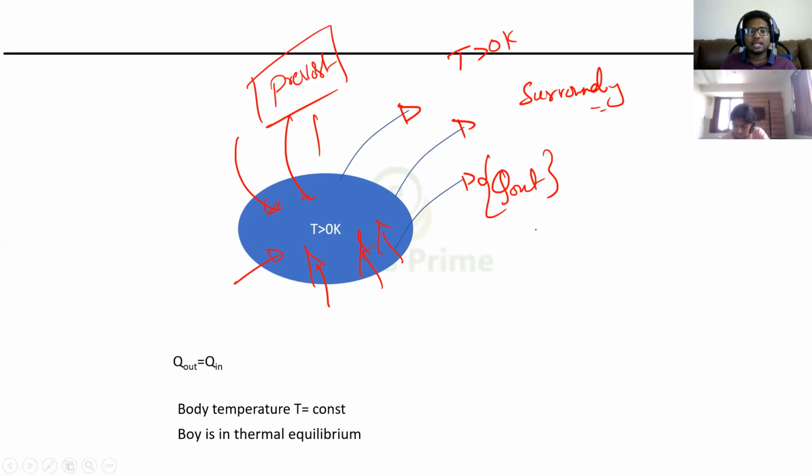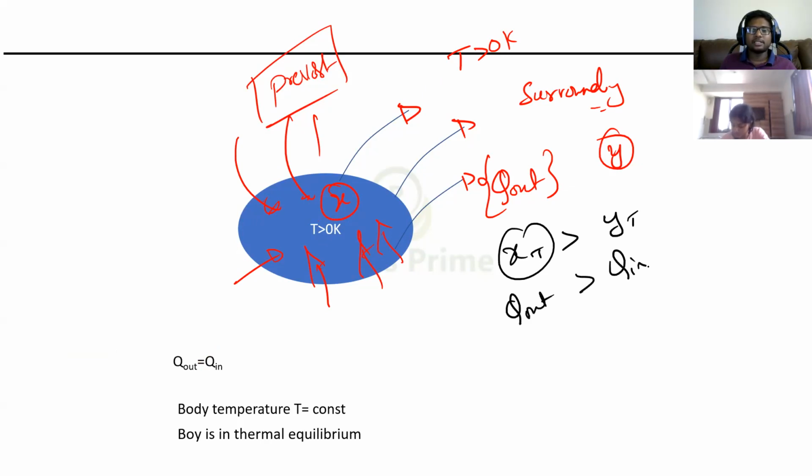So that means, suppose this is body X and Y is the surroundings. If X temperature is higher than Y temperature, that means Q out will be greater than Q in. Got it? Because the surrounding temperature is lower, the radiation emitted by the surroundings will be lower than the radiation emitted by this body.